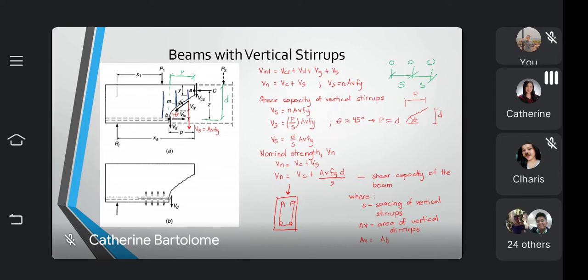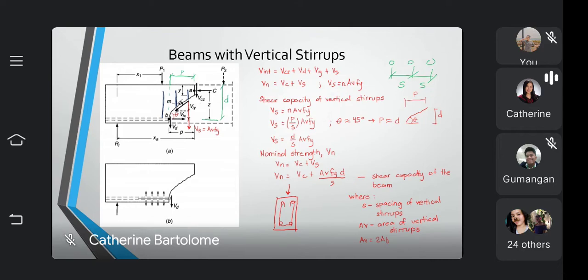Okay, so for the stirrups also, what will be the area of the stirrups that will resist that load? The vertical, ma'am. Vertical. So, is it just pi over 4 d squared? Times 2. Times 2, correct. Why times 2? Two, ma'am.